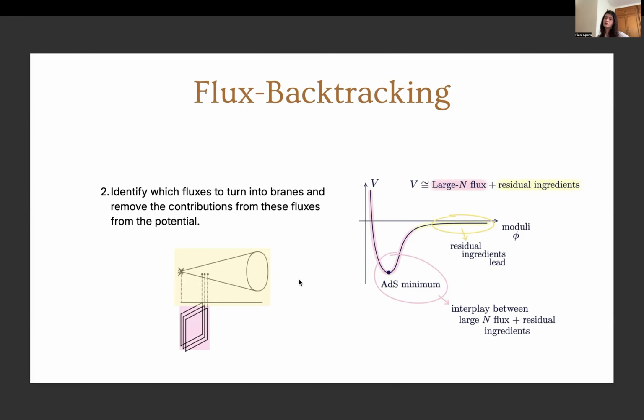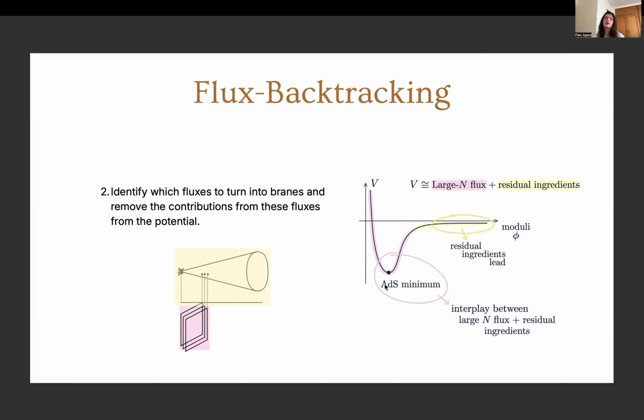These residual ingredients could be some curvature contribution, other fluxes, or some orientifold planes. And these residual ingredients are the ones that lead in the asymptotic tail of the potential. It's the interplay between the large N flux and these residual ingredients where you get the AdS minimum.